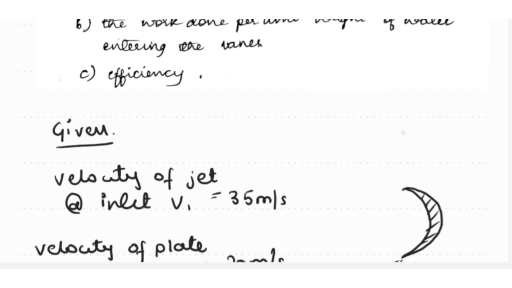First I will draw the relative velocity, so this is vr2 making an angle beta 2. This is vf2.